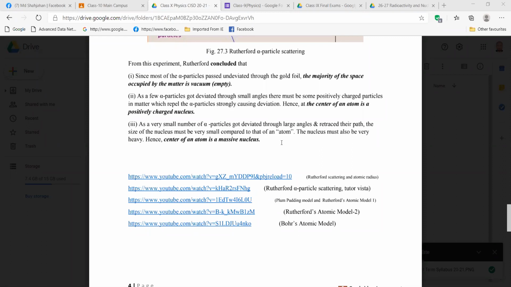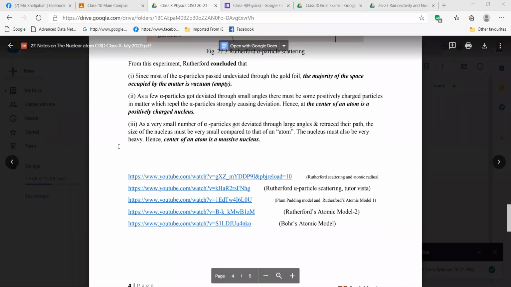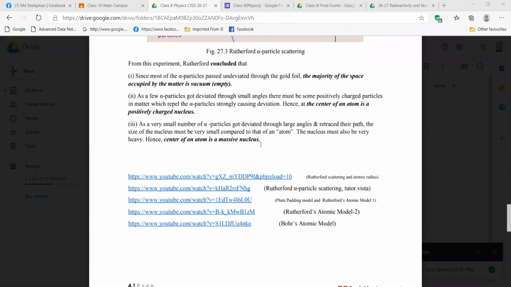So it is very light in comparison to the gold nucleus, and it will return back. So from here we understood that the center of an atom is a massive nucleus. So you got these 3 points here.